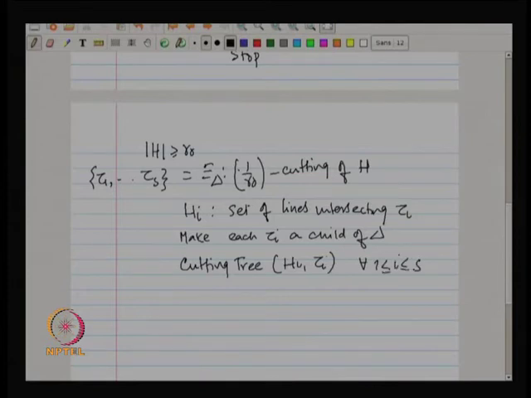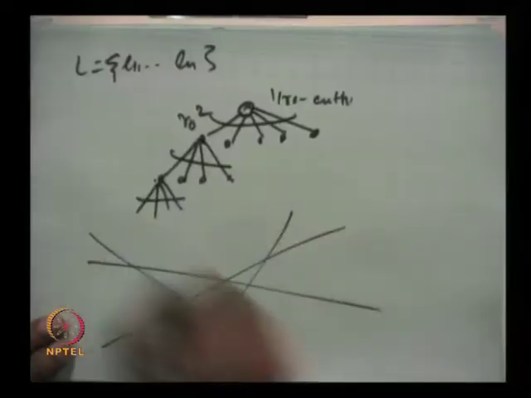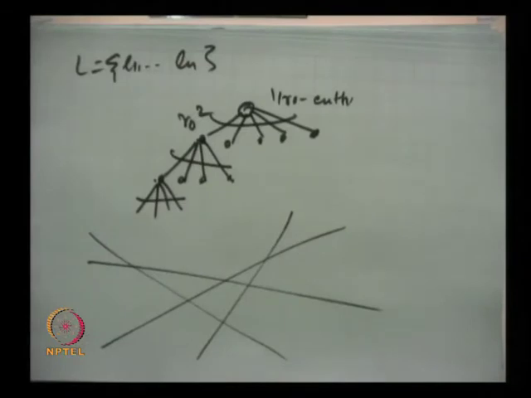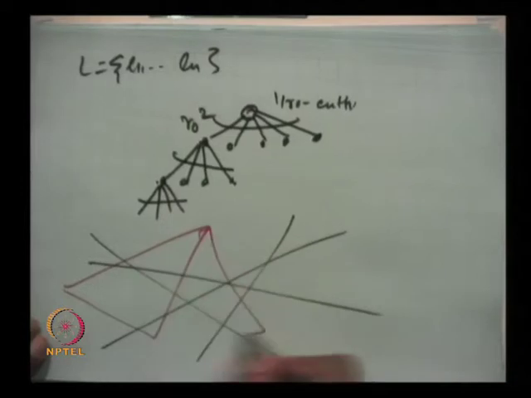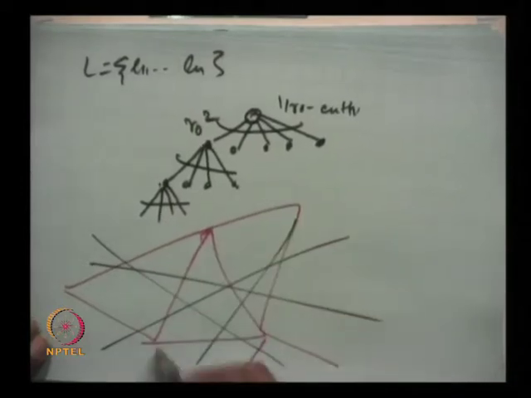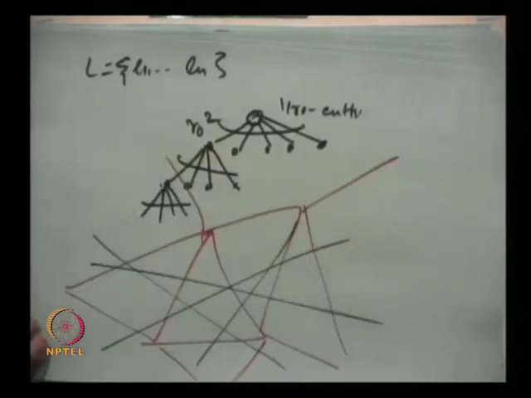Okay. So, what happens is that if you think about it, initially you have a set of lines, I compute a cutting, something like this.